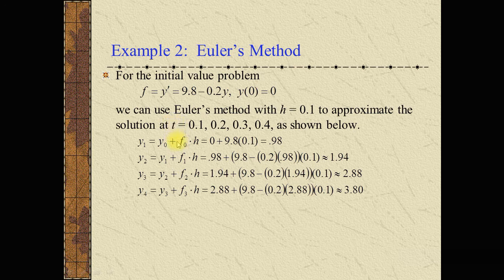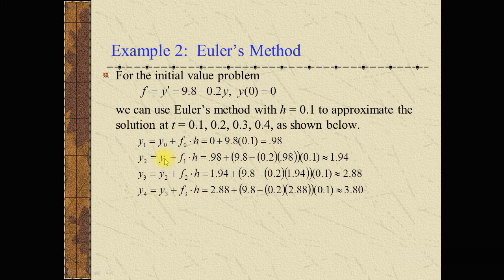f1, meaning f of x1 y1, but in this problem the domain is represented by t, so according to the formula this will be the function f of t1 y1, but t1 domain is not presented in this problem. You see over here only we obtain 9.8 minus 0.2 yn. So for n is equal to 1, this will be y1, and the y1 value is 0.98.